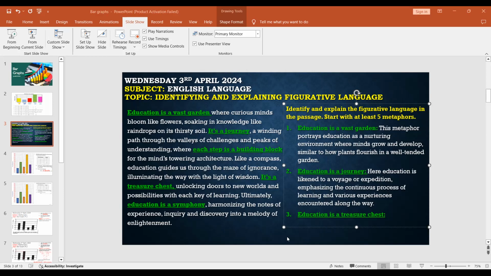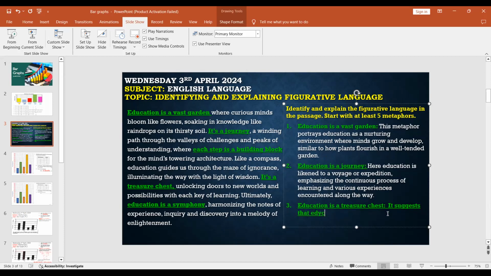All right, so how are we going to explain education as a treasure chest? We have to talk about how valuable it is. So this metaphor suggests that education holds valuable insights and knowledge, right?